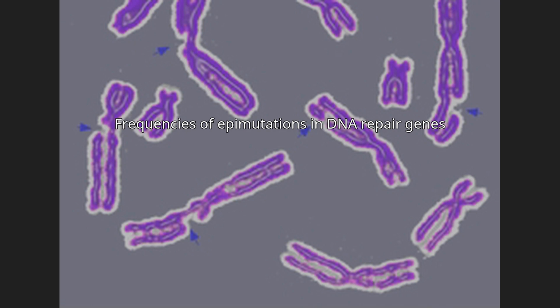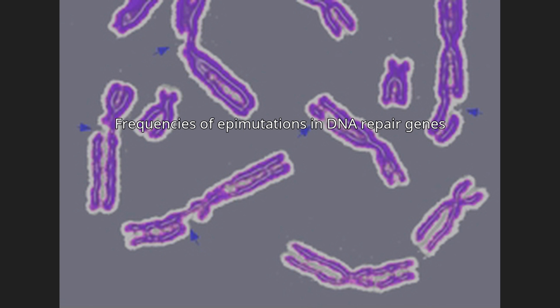Frequencies of epimutations in DNA repair genes. Deficiencies in DNA repair enzymes are occasionally caused by a newly arising somatic mutation in a DNA repair gene, but are much more frequently caused by epigenetic alterations that reduce or silence expression of DNA repair genes.